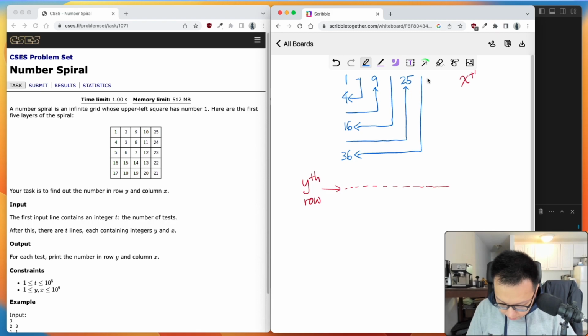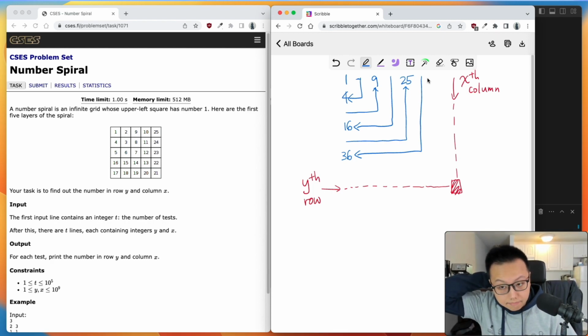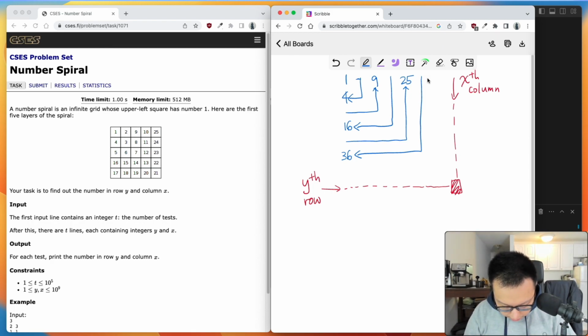How do we identify this place? First of all, we can try to figure out the closest square number that is smaller than this particular value. So what would be the square number that we're looking for?